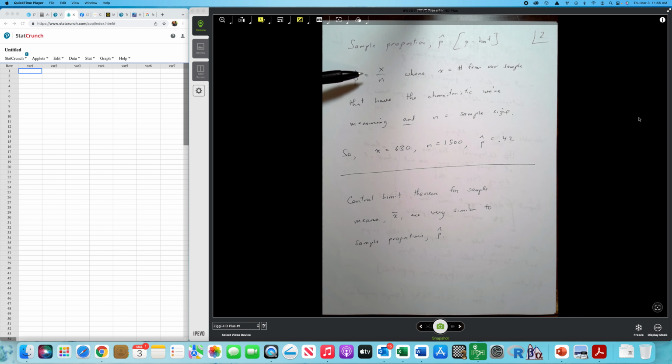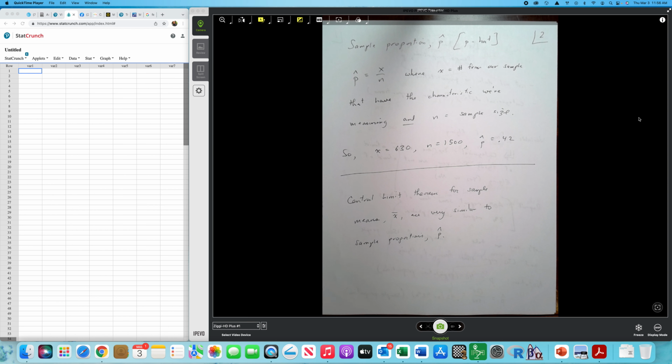But p hat is found by just taking x over n, where x is the number of people from our sample that have the particular characteristic that we're measuring, in this case fear of flying, and n is the total sample size. So for this illustration, x is 630 because there were 630 people in this fictional example who report a fear of flying, and 1,500 were sampled. So again, my p hat is 0.42.